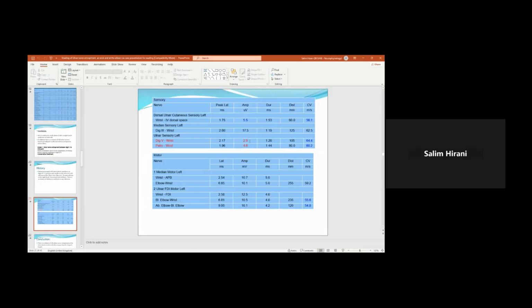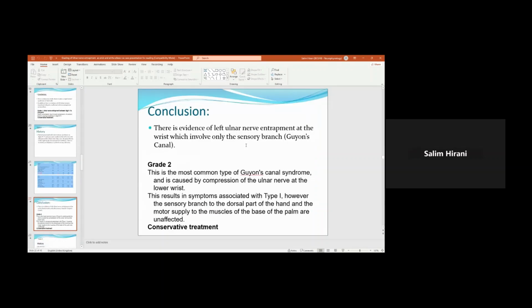So compression at the wrist is causing the low amplitude in digit 5 to wrist and palm to wrist. This is called Guyon's canal, a very common Guyon's canal problem, which can be treated with conservative treatment.